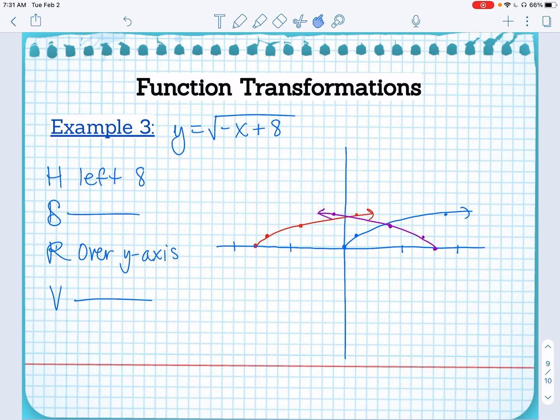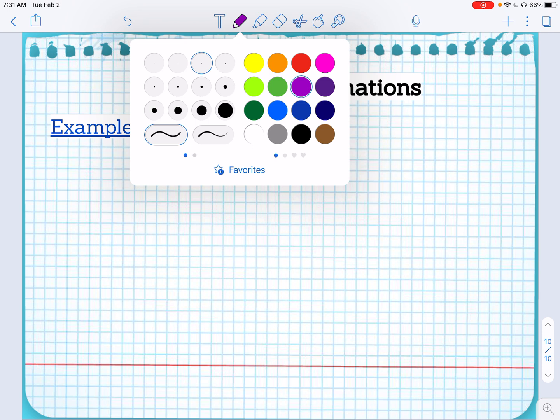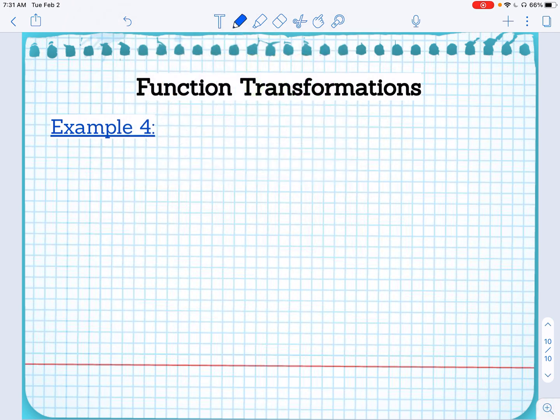Okay, one more. So this last one, I'm going to do y equals, actually we need a cubic, we haven't done one of those. Negative cubed root of x, let's go down 6.